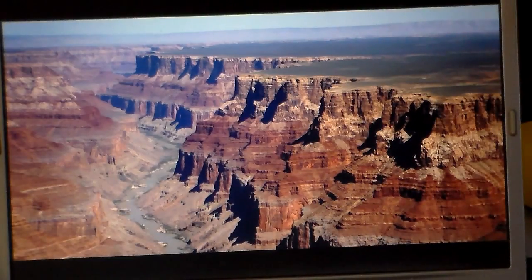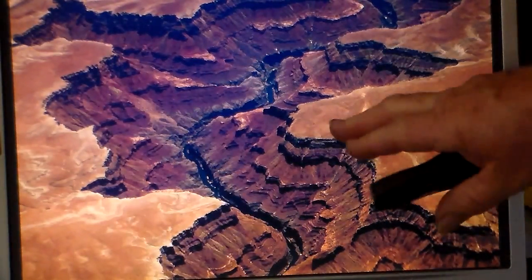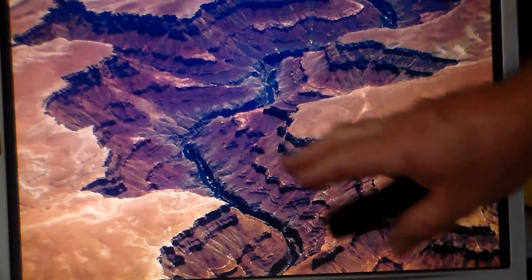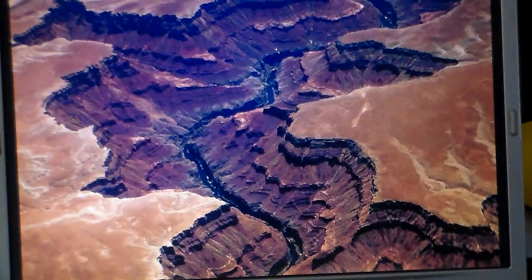Now, here's another view of the Grand Canyon. You can see the flat layers here and the flat strata below, which was eaten out by a burst dam, which occurred about the time of Peleg, which would be about 2000 BC, when the Younger Dryas period or event occurred.